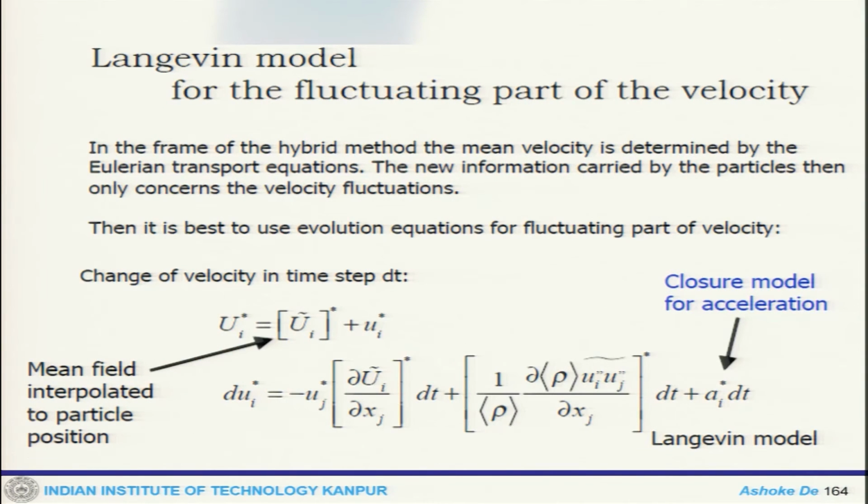Now the Langevin model, if you look at the fluctuating part of the velocity, where the mean velocity is determined in the Eulerian framework, but in the particle framework, the change of velocity of the particles is due to the mean field and then this fluctuating component, where the change is approximated by the velocity gradient, flux, and the acceleration term, which is closed by the Langevin model or generalized Langevin model.